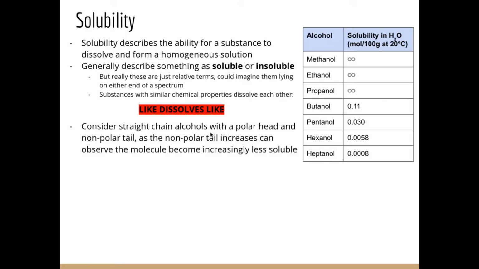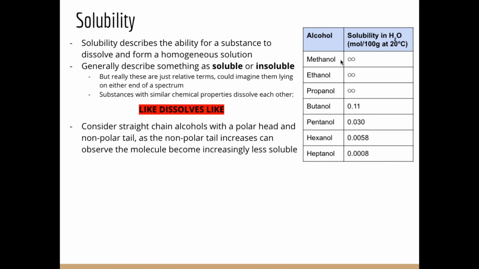So we're just sort of generalizing for now. But we can see as the carbon chain increases, we become increasingly less soluble. Methanol, ethanol, propanol, infinitely soluble. Then butanol, 0.11, all the way down to heptanol, 0.0008 moles per 100 grams, which is increasingly less than infinity.